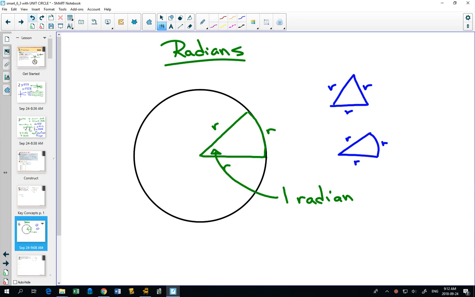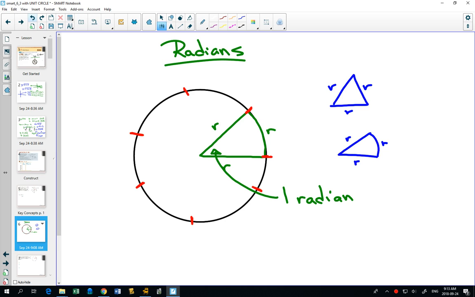Based on the picture, if I would estimate doing that same length again, oh, that might be a little bit. How many does it look like fit around the whole circle? 6.5, maybe?